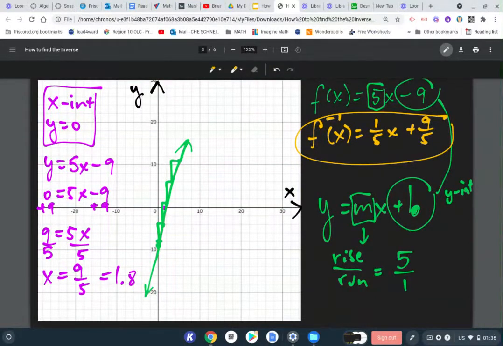9/5 is 1.8. But of course, now that's your y-intercept. This one right here is your y-intercept, b. And it's going to be somewhere here. And now my slope is 1/5. 1 up, 5 to the side. Okay, again, I land somehow in between. Not fun.